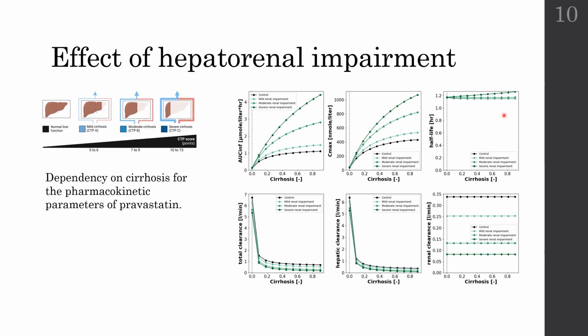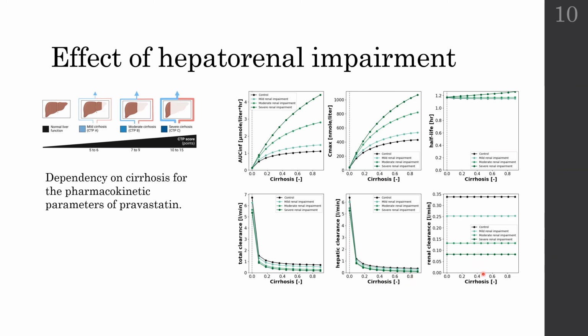Then in regards to the half-life of pravastatin, it's not affected much by either hepatic or renal impairment. And in regards to clearance, we distinguish between total, hepatic, and renal clearance. For total and hepatic clearance, we see in the steep decreases in function that they are clearly affected by cirrhosis. However, they do not seem to be impacted by renal impairment.